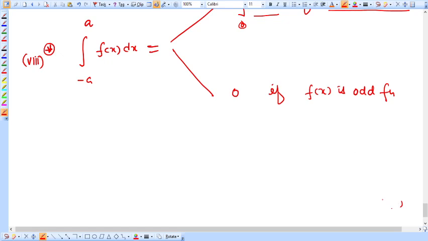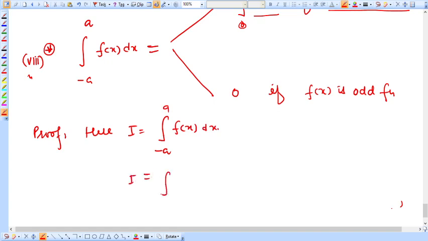So how are we going to prove this? So proof: here I is equal to integral from minus a to a of f of x dx, okay. So can we write I is equal to integral from minus a to 0 of f of x dx plus integral from 0 to a of f of x dx, because 0 lies between minus a and a, by property number 3, okay.